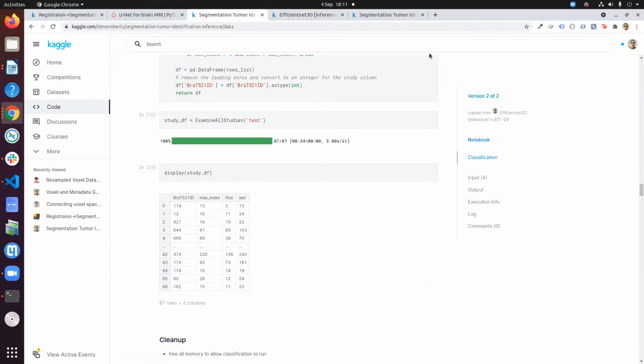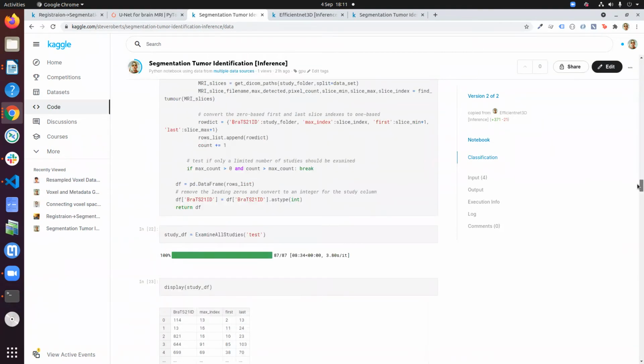The other thing is when I run the... Oh, I had a question, Steve. When this segmentation says slice, it seems to say slice in 1 dimension, right?